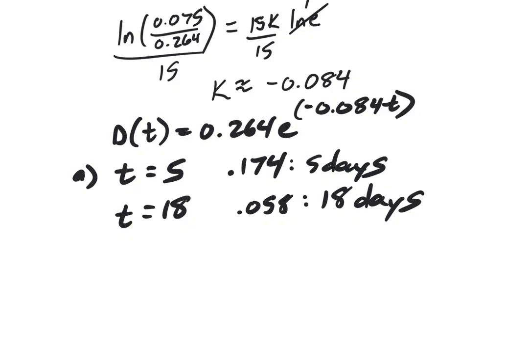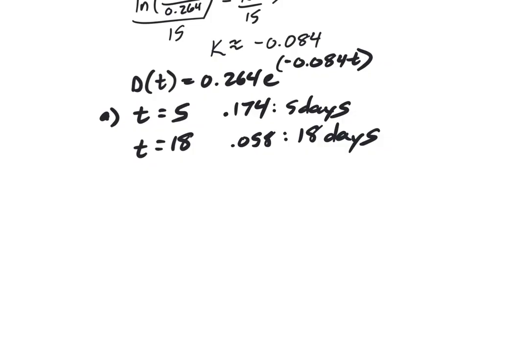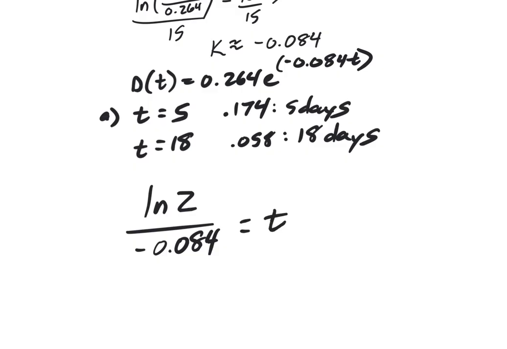If I had to do the doubling time here, I know it doesn't ask me that, but if I had to do, how long does it take to double here? I would do the ln of 2 divided by that. And that would be how long it takes to double. And you wouldn't necessarily have to put the negative in here.